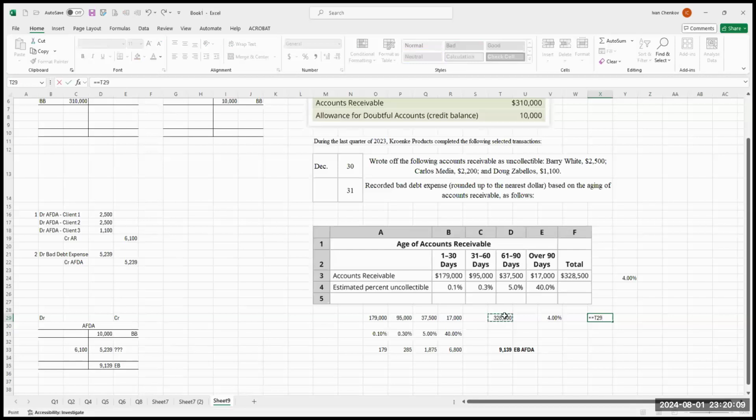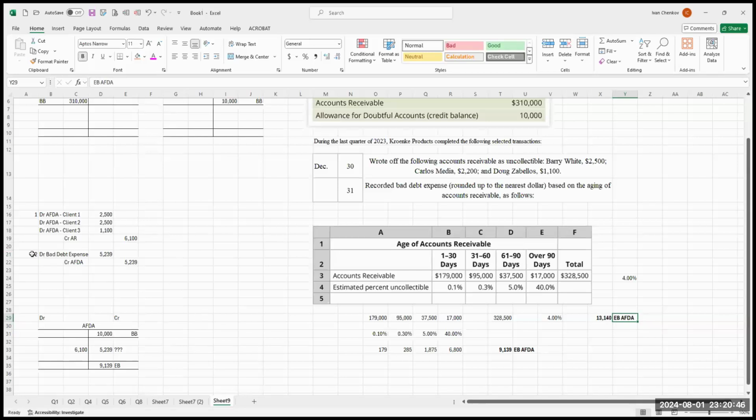So how much will be the allowance for doubtful accounts ending balance? That will be equal to the accounts receivables times 4%, this one times that one. $13,140 will be my ending balance on the allowance for doubtful accounts. So that's going to change my journal entry here.